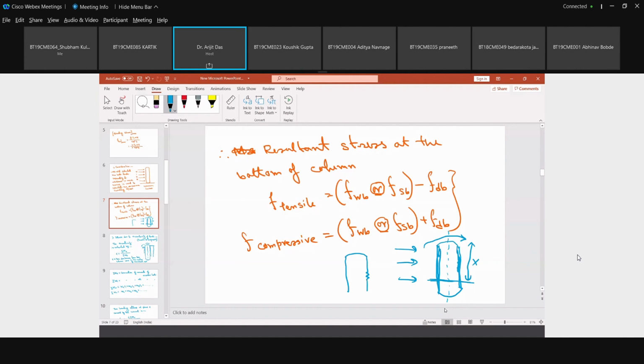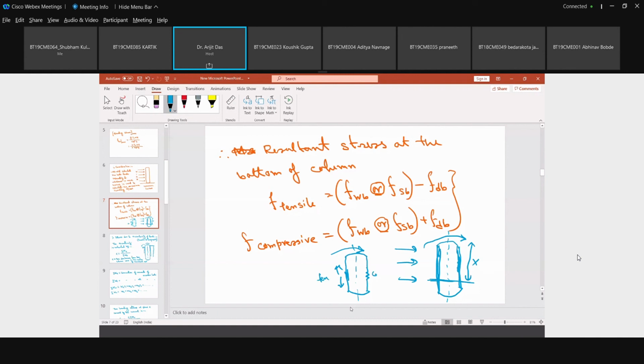So definitely this wall must be compressed, otherwise how can it bend like this? Similarly, this portion of the column tries to increase its length, so the portion with reference to the center line of the column will be in tension. Here is tension, here is compression.